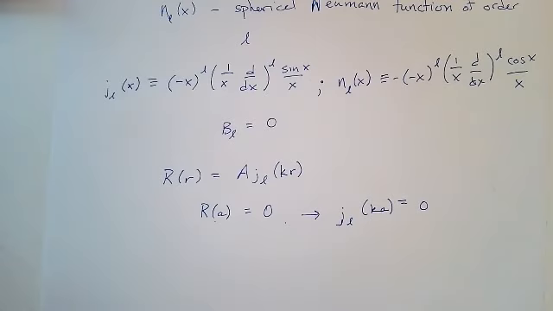Since the Bessel functions are oscillatory, and you can look on Wolfram Alpha and see a few of them shown that way, you're going to see that they have an infinite number of zeros, but they're not located at nice easy points like multiples of pi, and they have to be computed numerically.